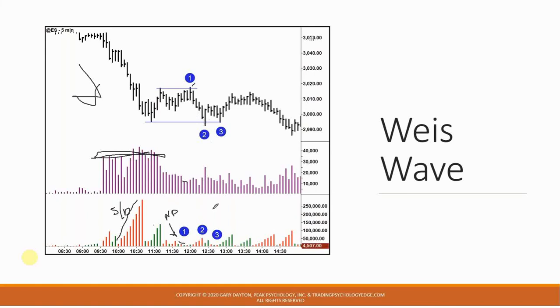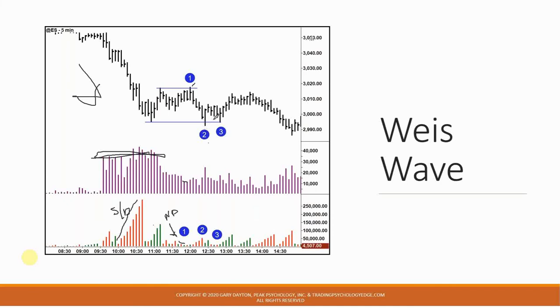We drop down to 2, not a tremendous amount of volume in here. The volume picks up here on a large key reversal. This is another spring. Kind of hard to buy that because we're 10 points away from the low here.